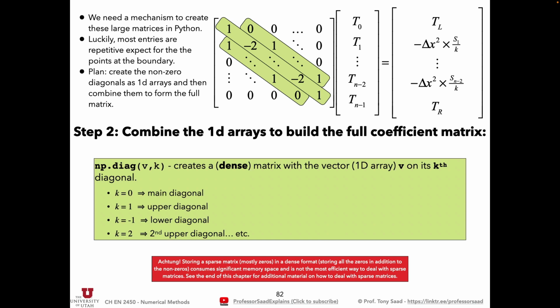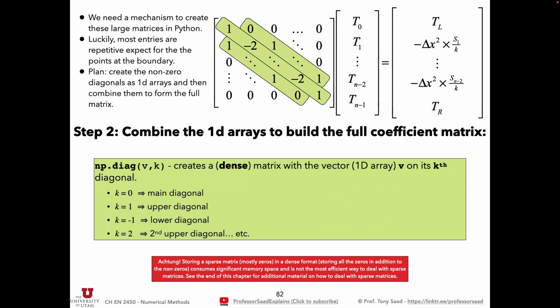I have a warning here, though, that this np.diag is still storing a dense representation of the sparse matrix. So it's still storing the zeros. And that's okay. For the scale of our problems, that's fine. These are one-dimensional problems.